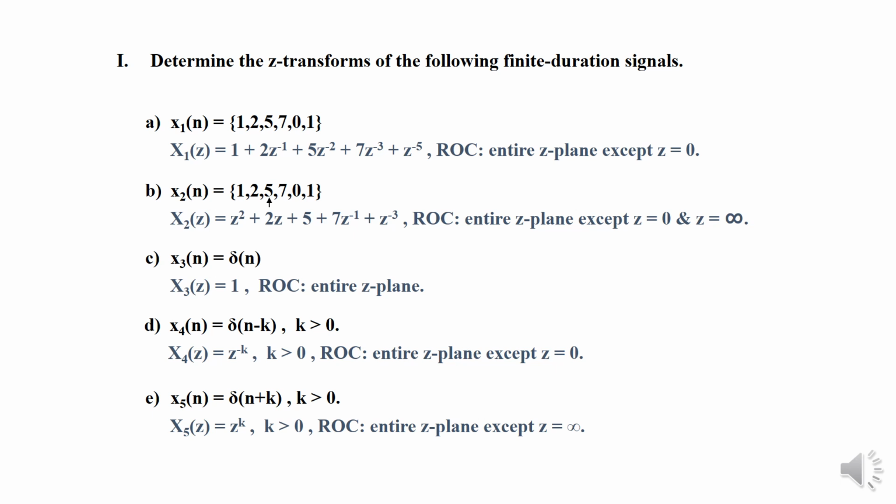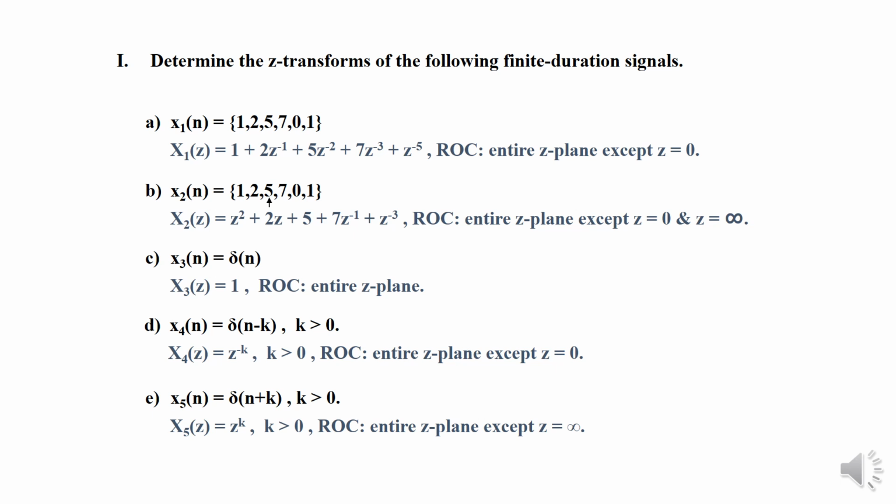Therefore, the ROC, region of convergence, will be the entire z plane, because x3z does not depend on any z value. For any z value, x3z will be finite, which is equal to 1. That means it converges.